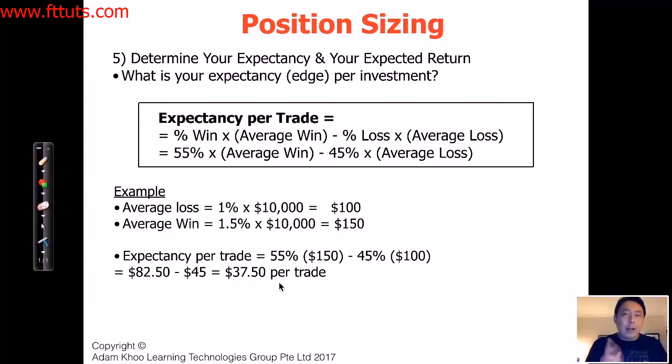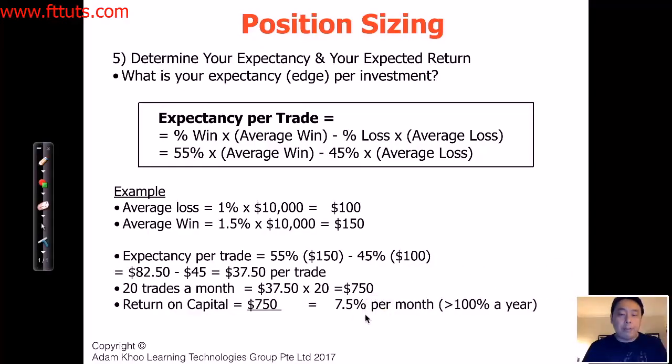So on average, every trade you make will get you $37.50 on average, right? That's statistical average. So this means that if you do 20 trades a month, 20 trades multiplied by $37.50 is $750. And $750 over 10 grand, that is 7.5% return per month.